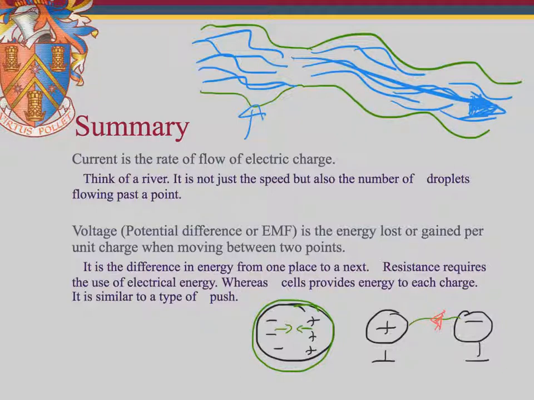So that change in energy is actually the voltage. On an electric circuit, as a current flows through something like a resistor, it might have a certain energy here, and then it'll have an energy afterwards, and that difference in energy from one side to the other side will tell you your voltage.